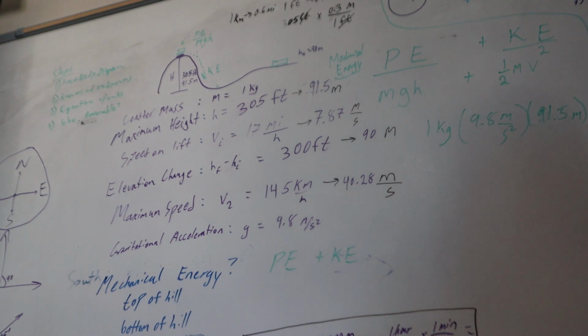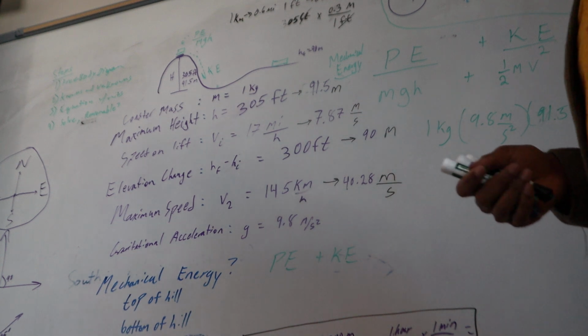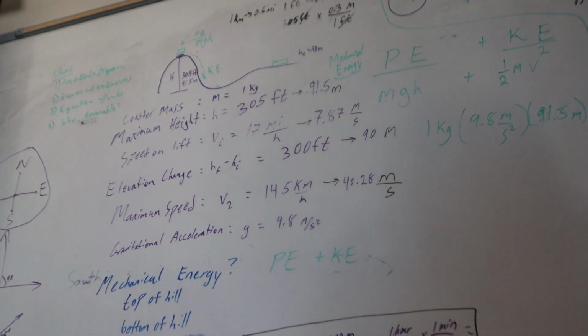Just trying to make it look not squared. So MGH. So what did y'all get for potential energy? Nothing yet. 96.7.